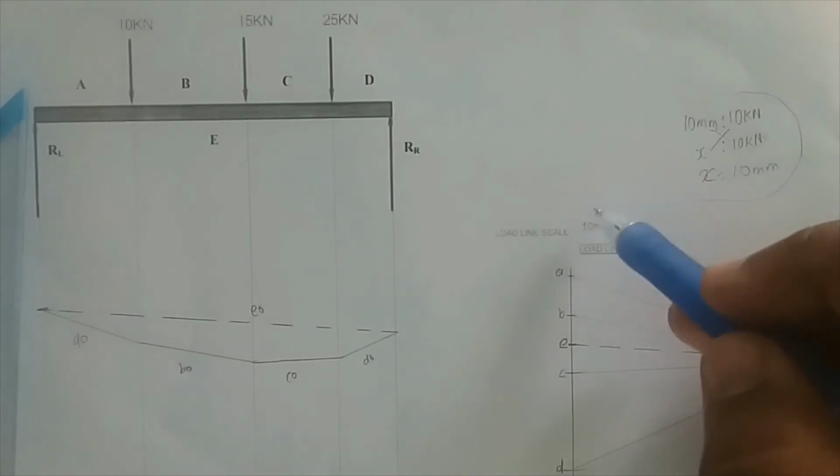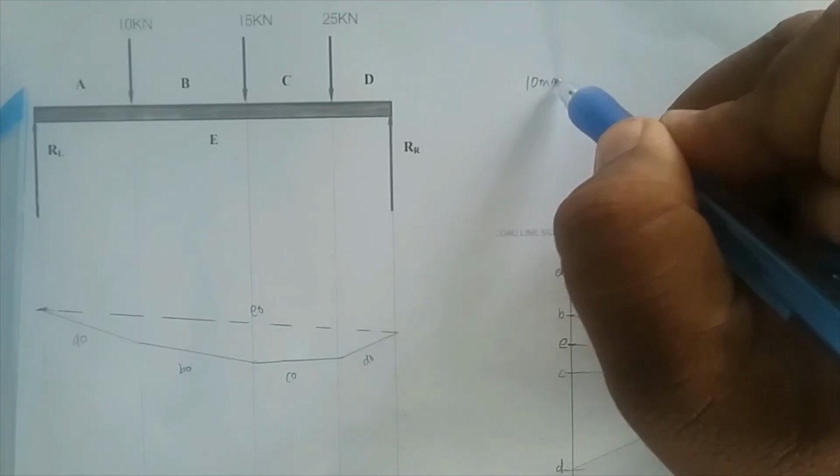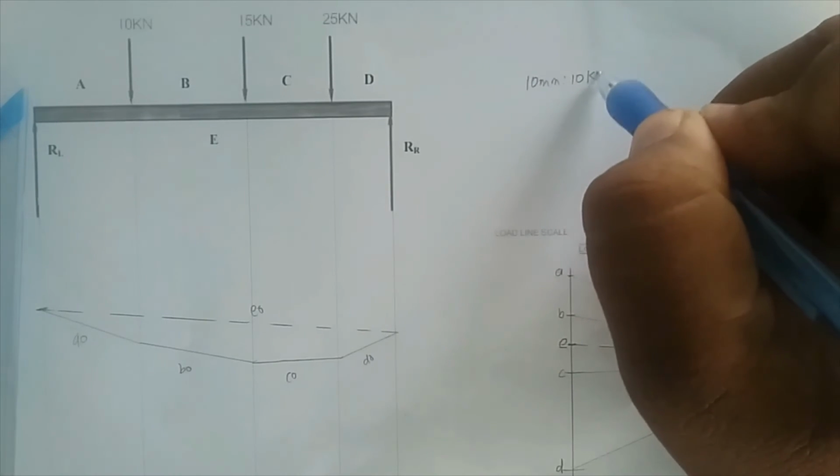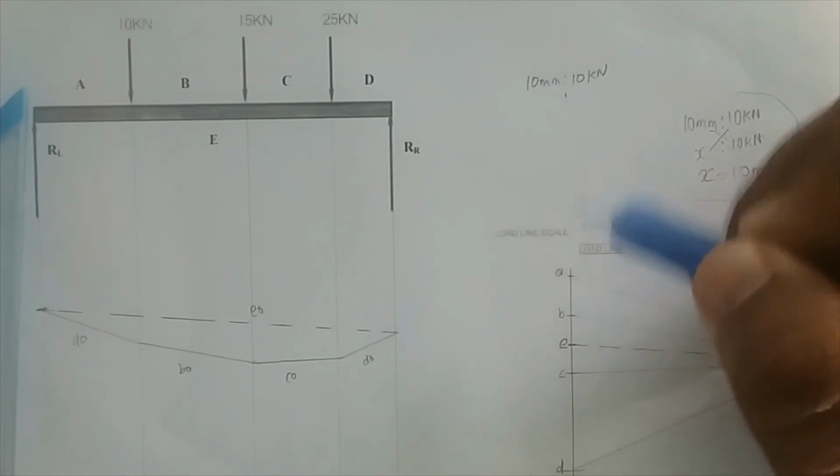You will use the load line scale, 10 mm is to 10 kilonewton. Measure the distance from A to E.